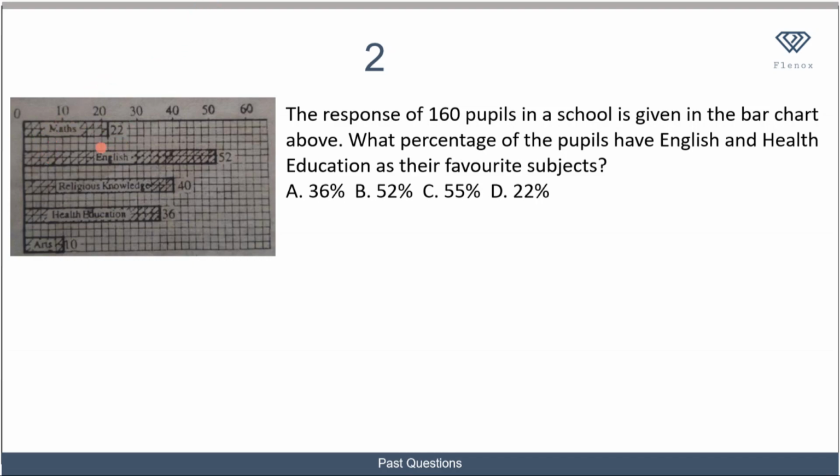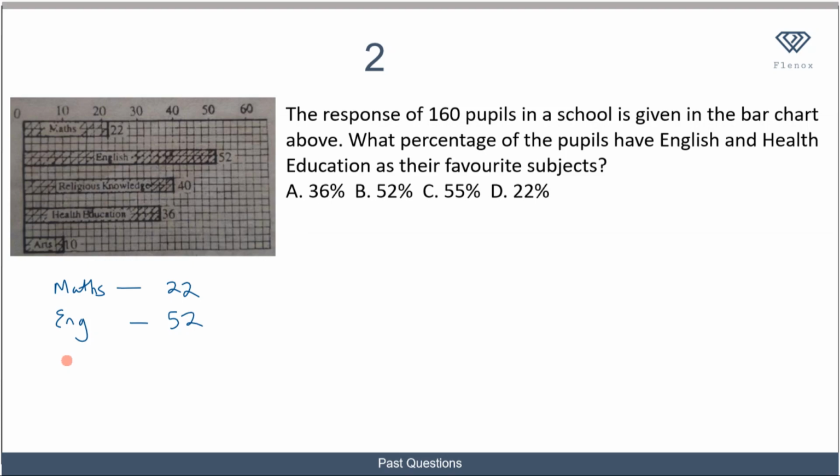So let's try to read out the data here. For the first subject, you have mathematics, and we can see that 22 students have mathematics as their favorite subject. For English, you have 52 students that love English.